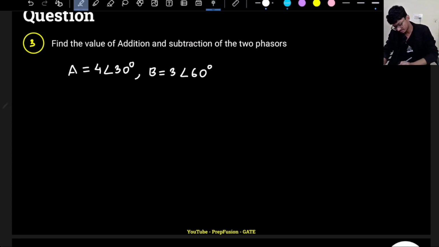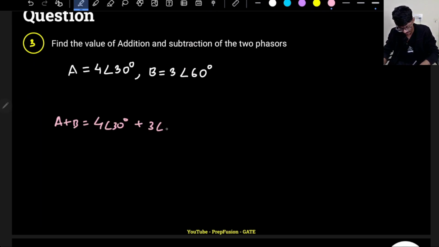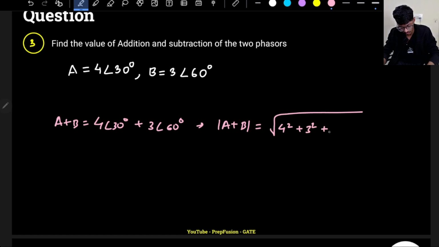Here, if I do A plus B, it will be 4 angle 30 plus 3 angle 60. For now let's just find the magnitude of A plus B. The formula is x1 whole square, 4 square, plus x2 whole square, 3 square, plus 2 x1 x2, 4 into 3, cos of theta.